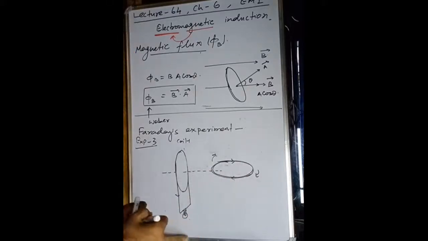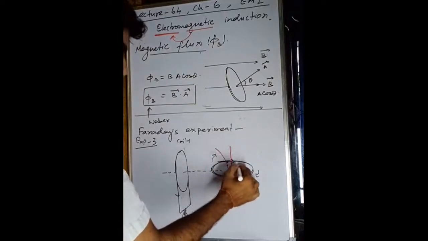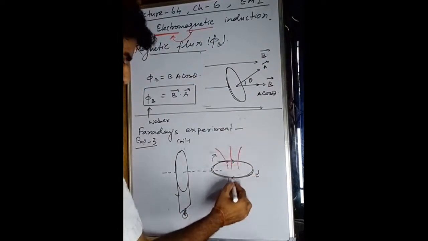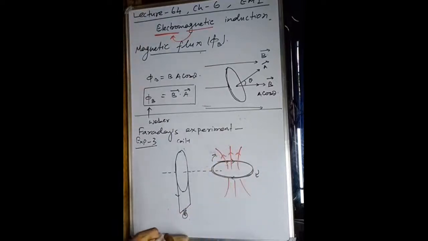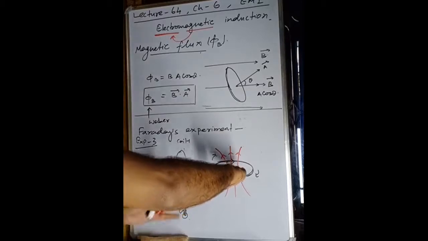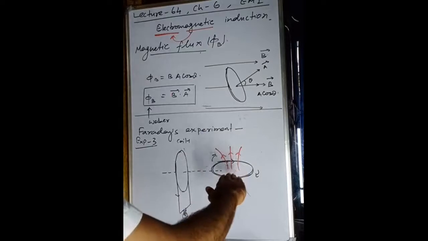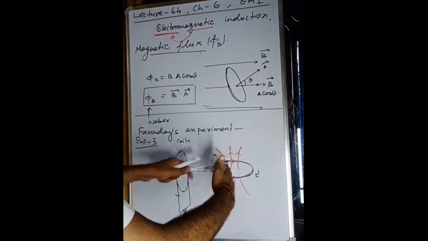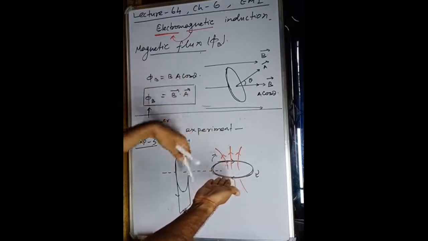So this coil has magnetic field lines in this way. Initially no flux is linked with the coil, as the field lines are going up and down. As it rotates in this way, the field lines will link. As it goes further in this way, the field lines again are in this way, and there will be no flux.